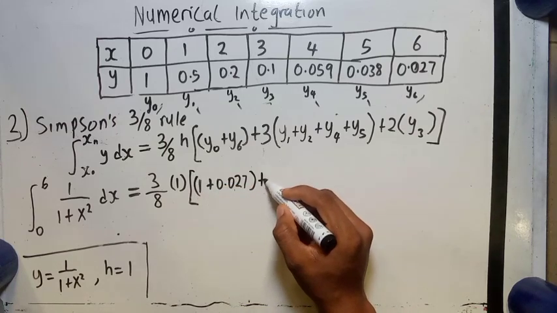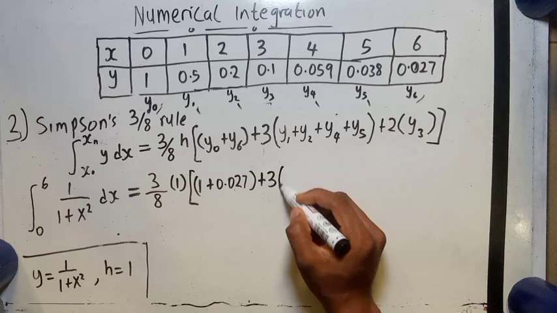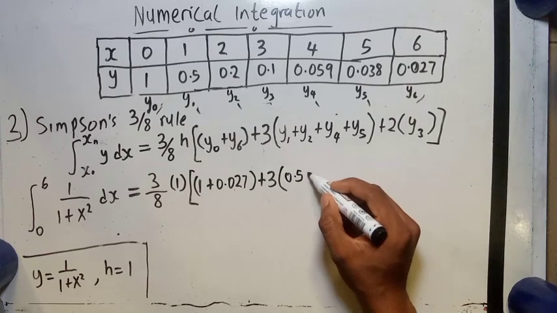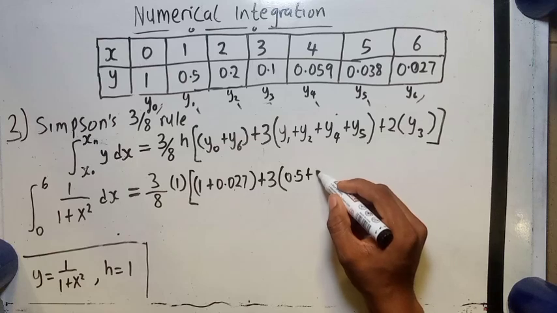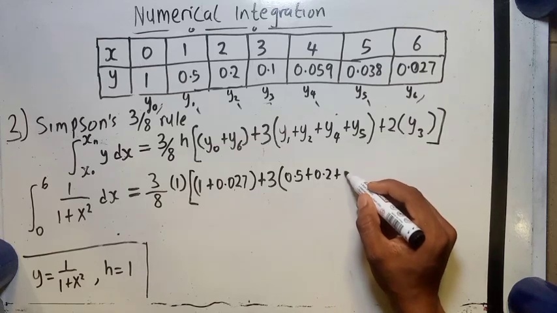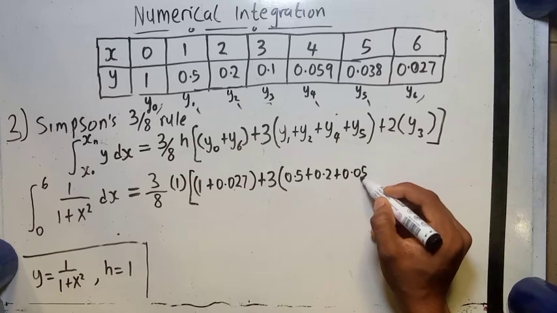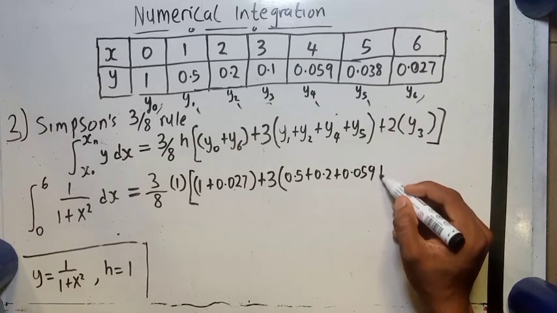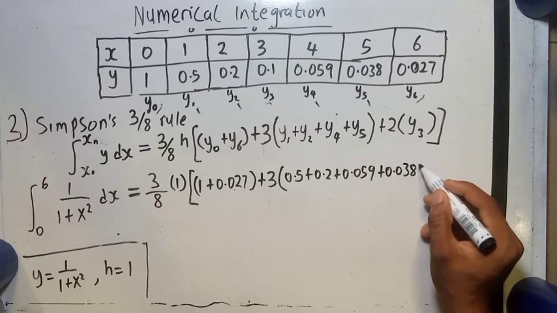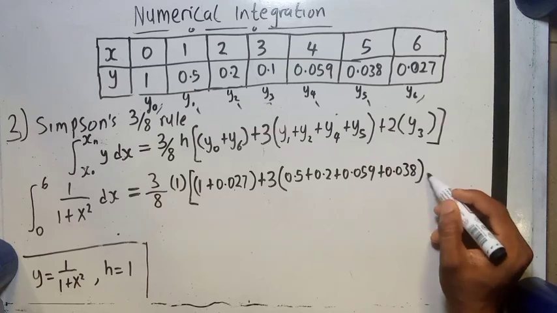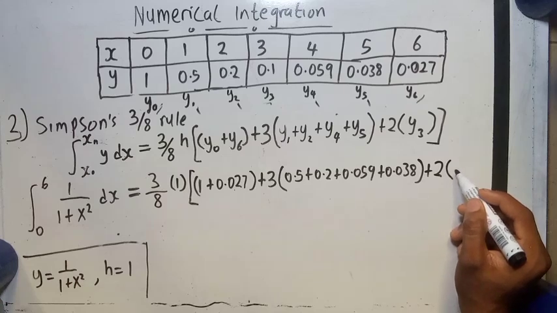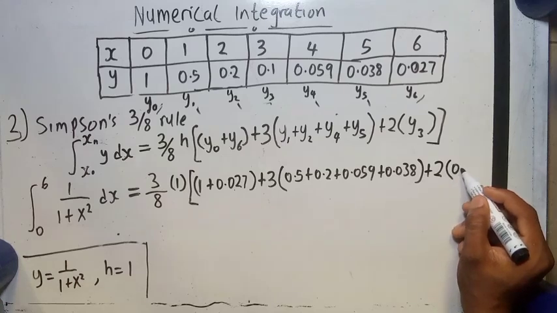Now we add this to 3 multiplied by y1, which is 0.5, y2, which is 0.2, y4, which is 0.059, y5, which is 0.038, and 2 multiplied by y3, which is 0.1.